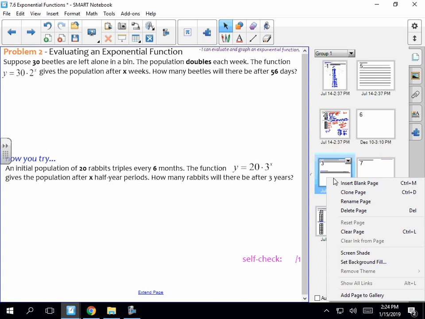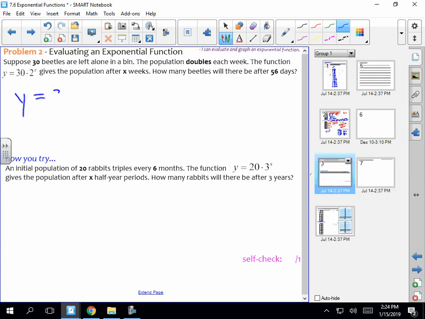A lot of beetles. So you'd go 30 times 2 to the 56. Oh, it doubles each week. The function gives the population after x weeks, so x represents weeks. I wouldn't plug in 56.